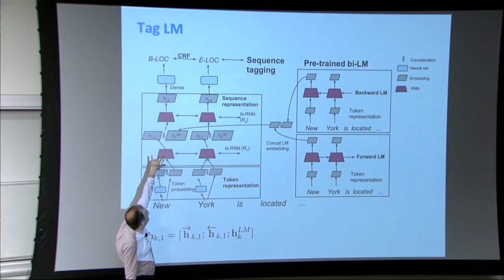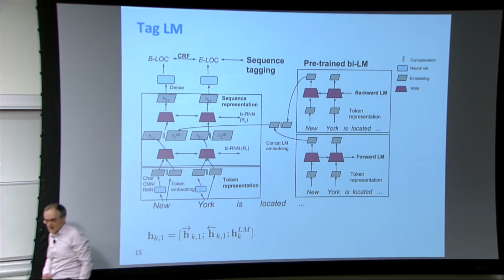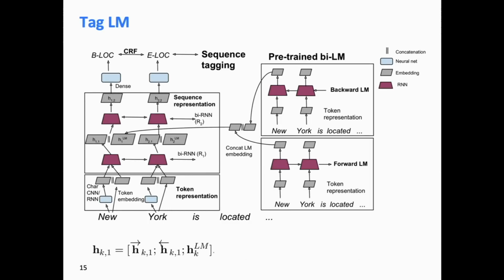That concatenated representation is then fed into a second layer of biLSTM, and from the output of that, we do the usual kind of softmax classification, giving tags like beginning of location, end of location, to say New York is a location, and then an other tag to say it's not a location. Does that make sense?